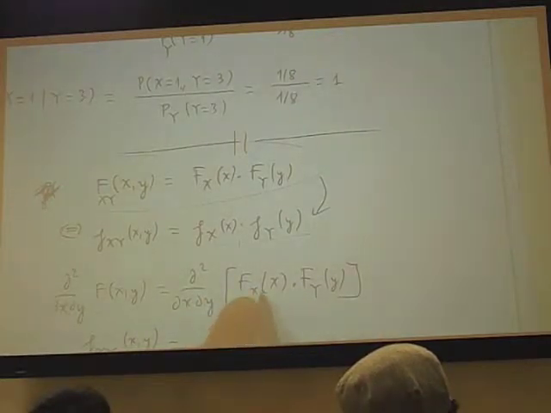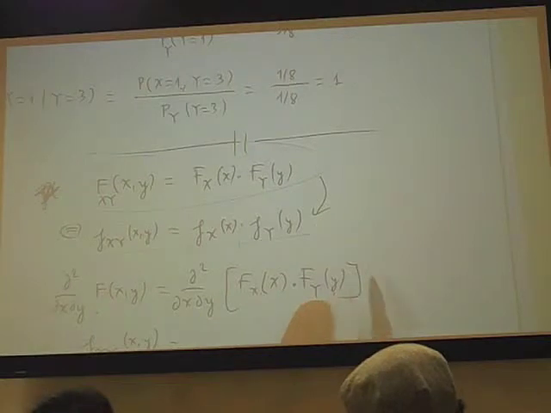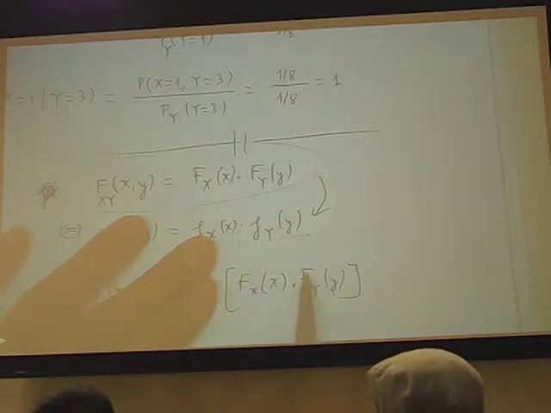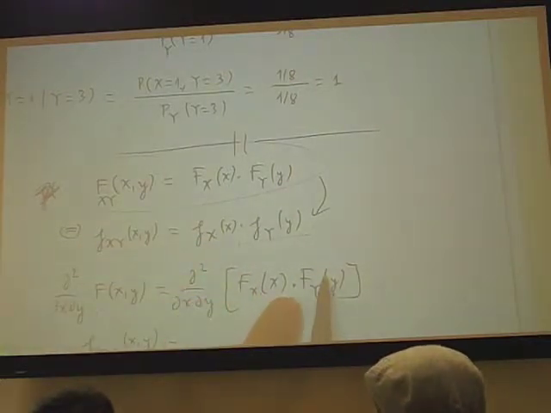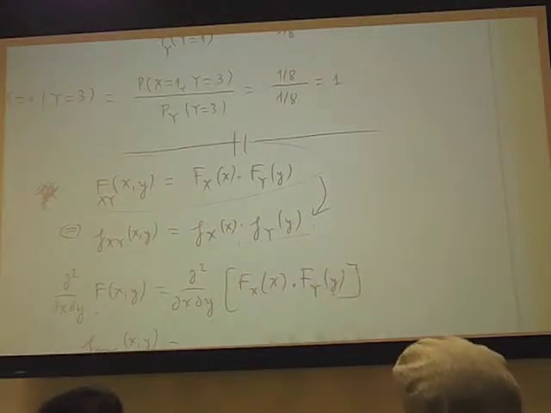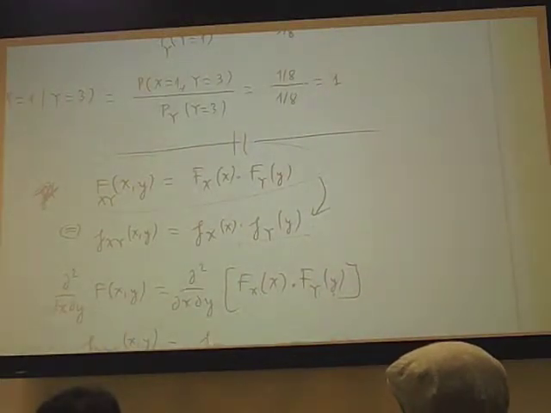Because this is a function of x only, this is a function of y only. So first, if I take the derivative with respect to y first, what do I have? I will have F(x) times f prime of y. Correct? And then I take the derivative of that with respect to x, and we have f prime of x times f prime of y. So therefore, f prime is just little f. So this one is exactly f of x times f of y.